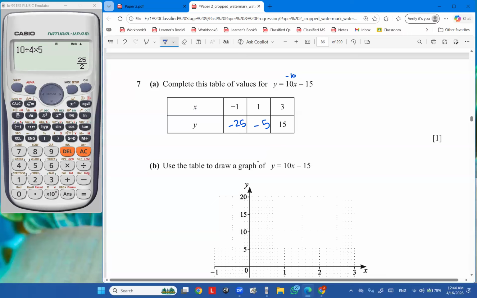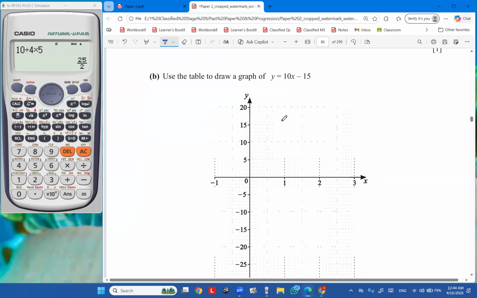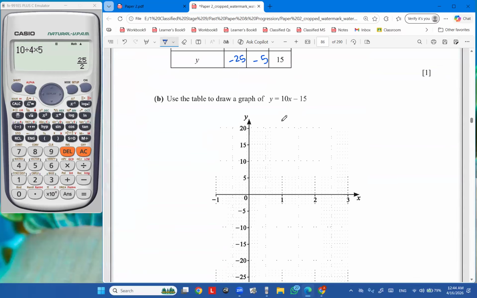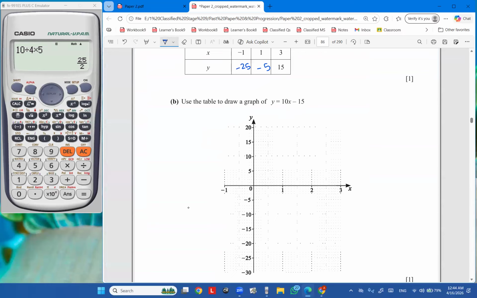All right, let's continue. They want us to use the table to draw a graph of y equals 10x minus 15. Unfortunately, over here the squares are not clear, but let's try together. From -1, we need to reach -25. It is much clearer in your book. 1, -5.